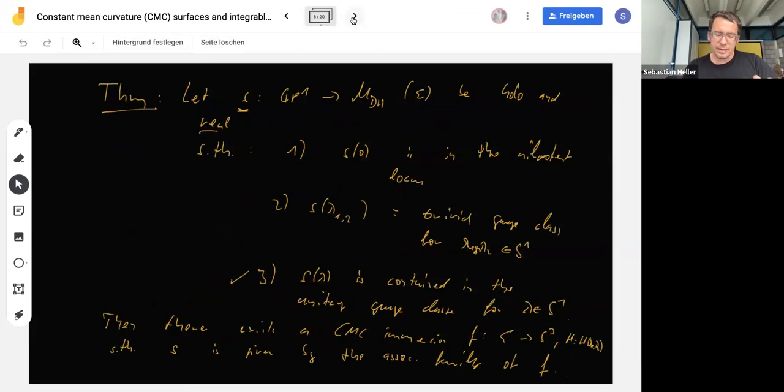If we have a section with the properties, then we obtain a minimal surface or a CMC surface determined by this section.